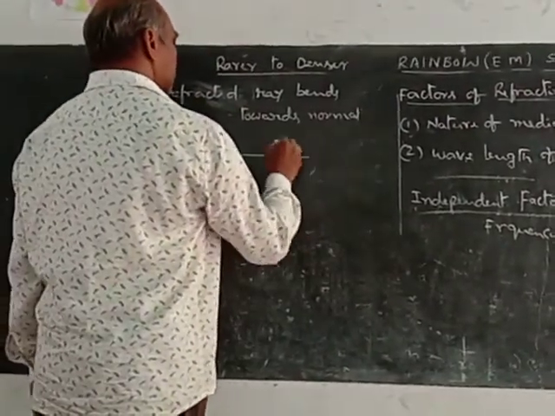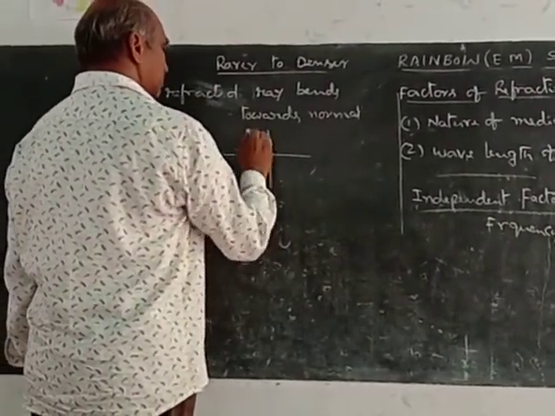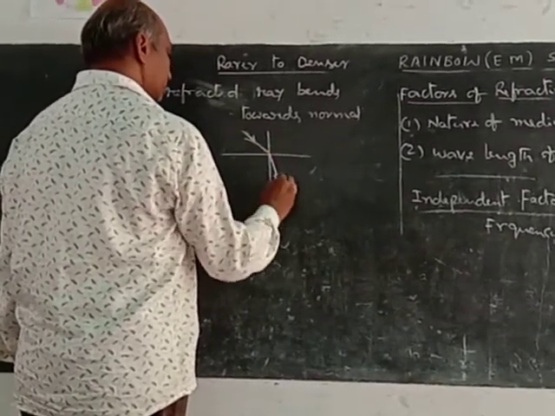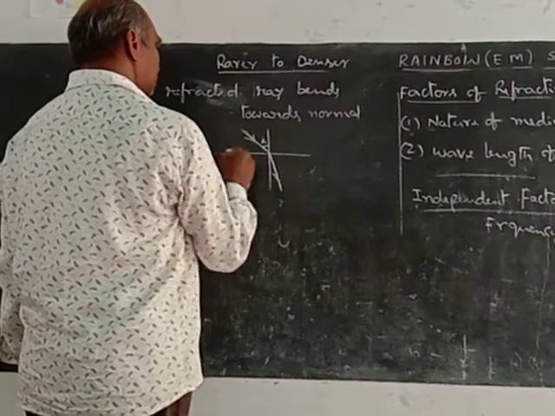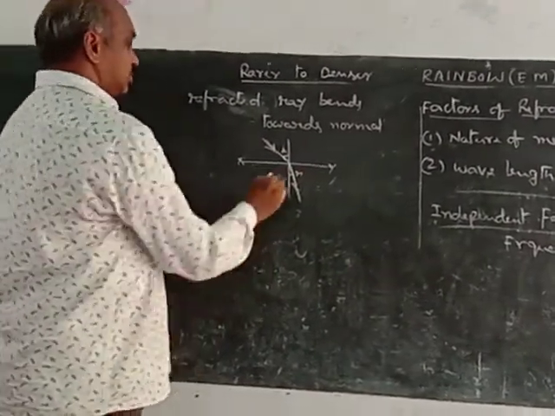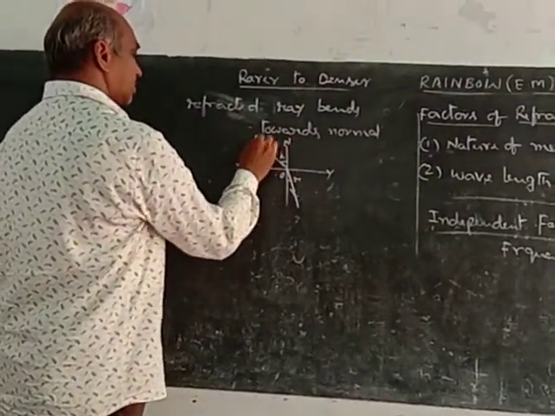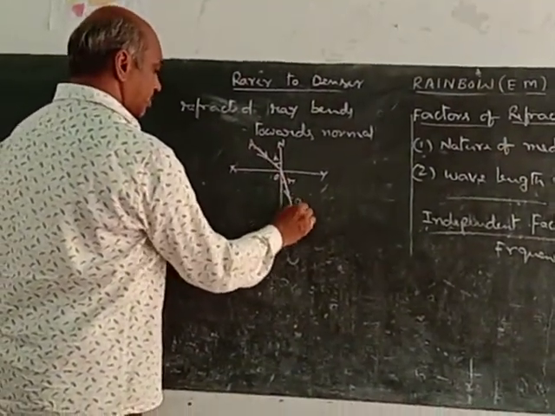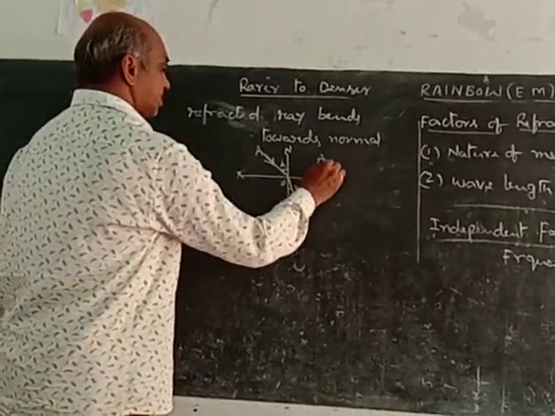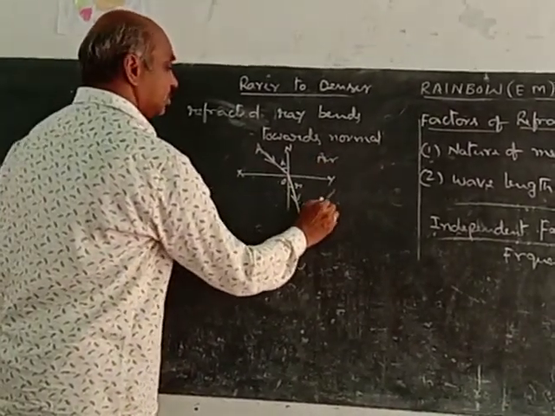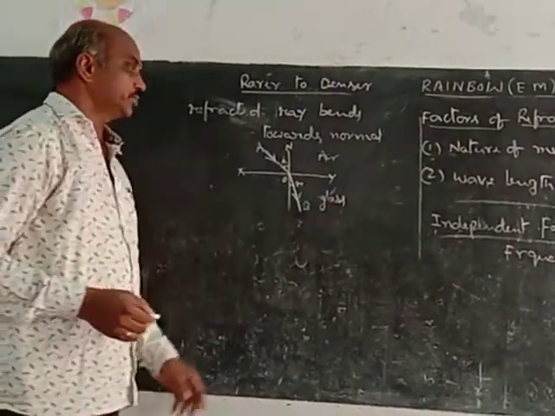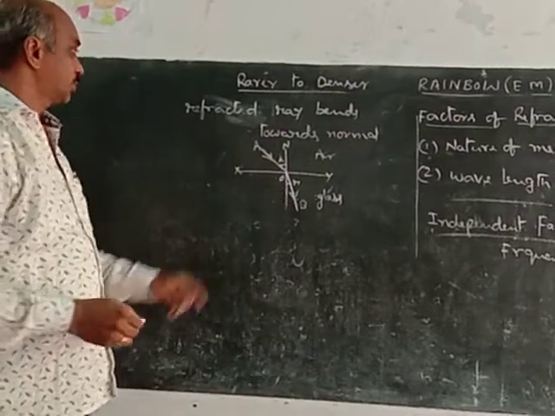For example, here ON is the normal, AO is the incident ray, OB is the refracted ray. Then light ray travels from rarer to denser medium. The light ray bends towards the normal.